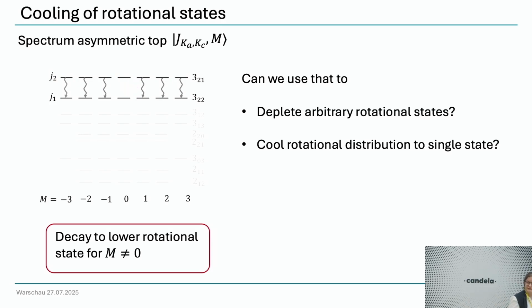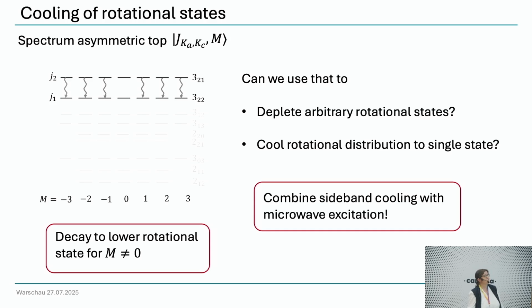So that's nice, but that's of course not sufficient cooling, because what we want is to deplete arbitrary rotational states, and not only this one that is by chance resonant to a trap mode, or even to cool the rotational distribution to a single rotational state. And we propose to do that by combining this sympathetic sideband cooling with microwave excitation.